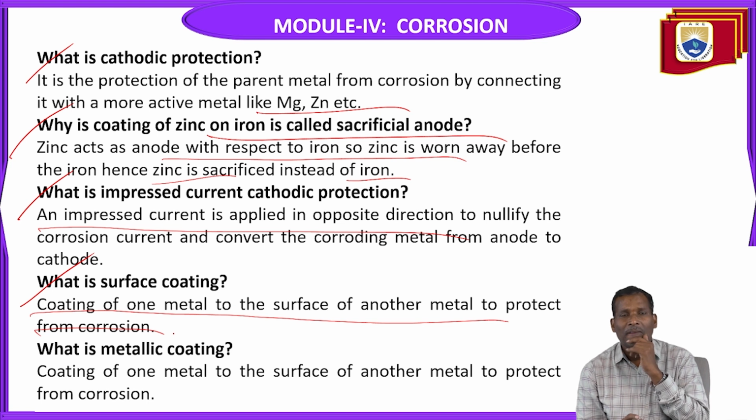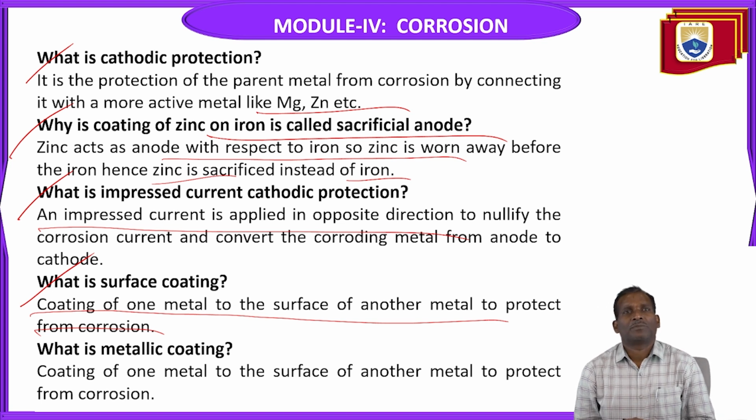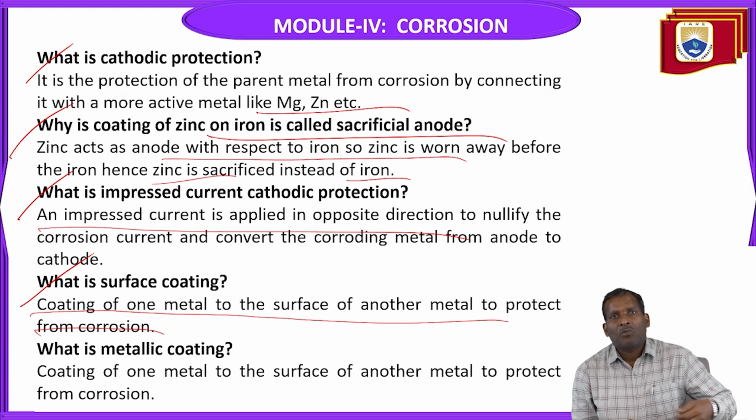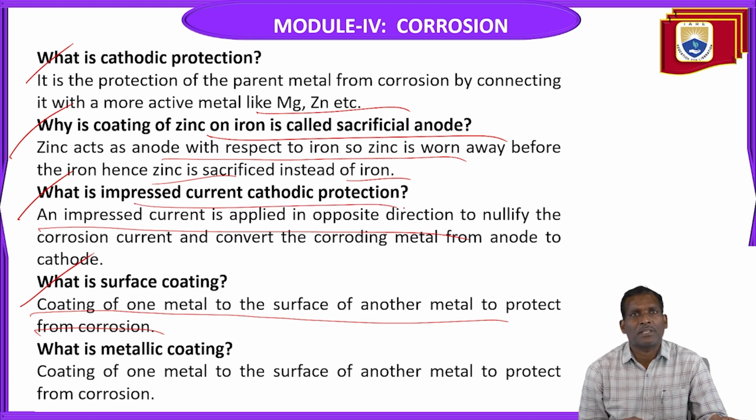That is the main aim of surface coating. So all these methods are to protect the metal from corrosion: the anodic protection method, cathodic method, sacrificial anode method, and impressed current cathodic protection.